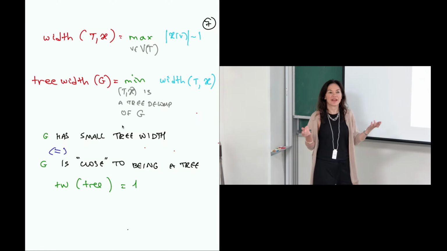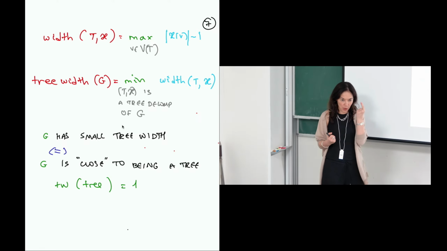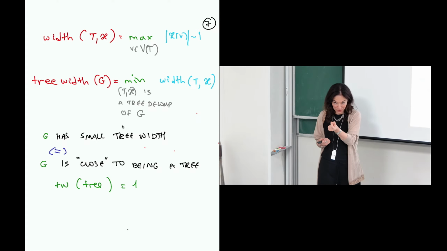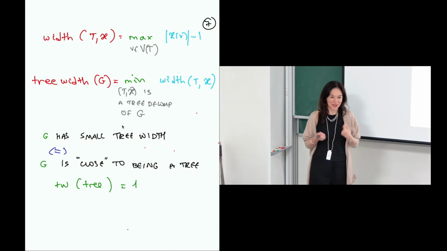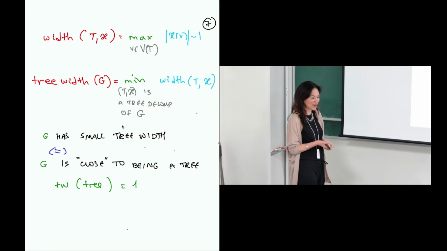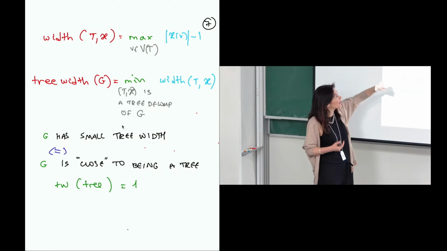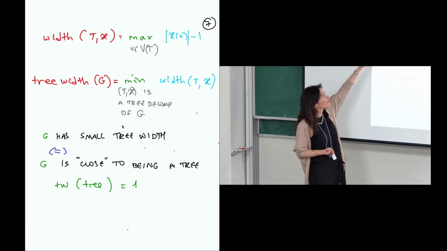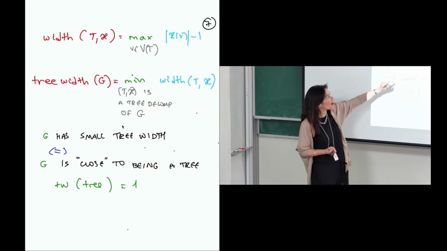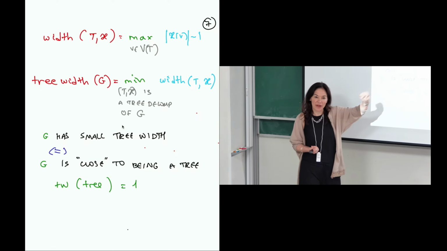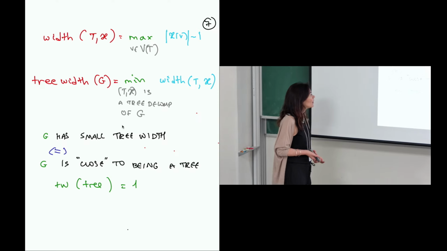Because here's one tree decomposition you can always do. Take a one vertex tree and put all of V of G onto this vertex. So that's a tree decomposition, but you didn't gain anything. It's very complicated. So the width is how big a bag gets, and then the tree width of a graph is the minimum width of all its tree decompositions.